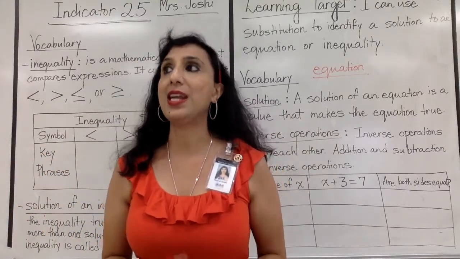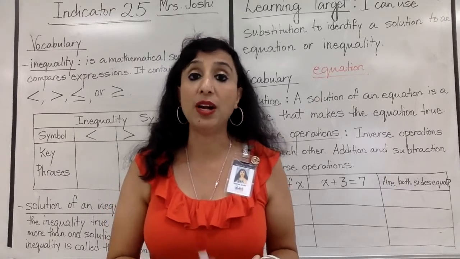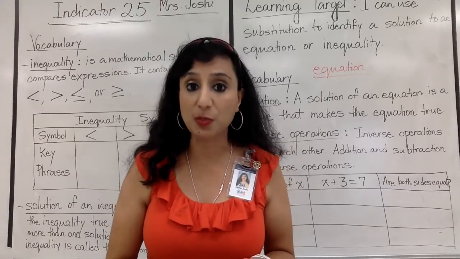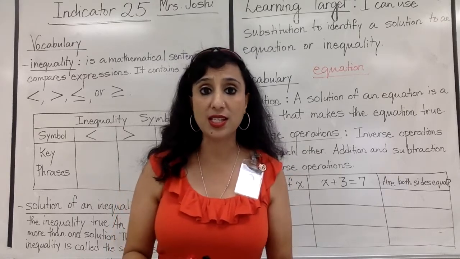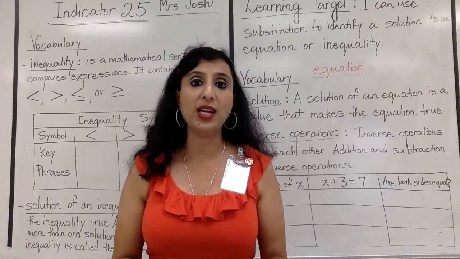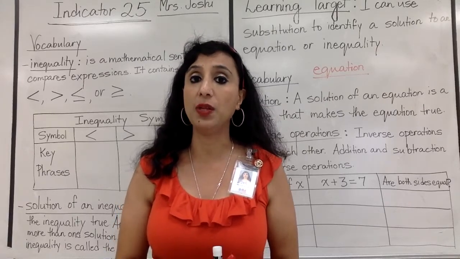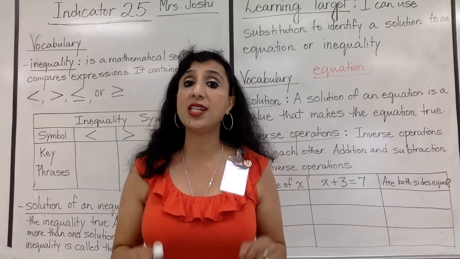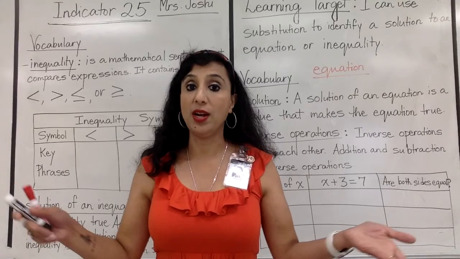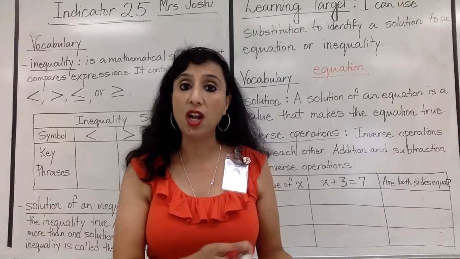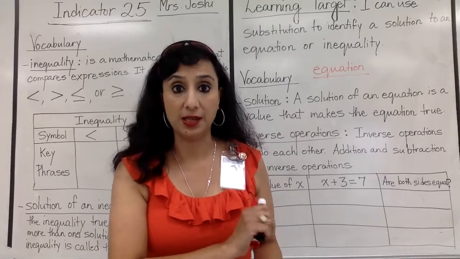We said an expression could be a numerical expression or an algebraic expression, where you have numbers, operations, and a variable, but you do not have an equal sign. That's what an expression was. So an equation has all of what I just said, but is equal to something.